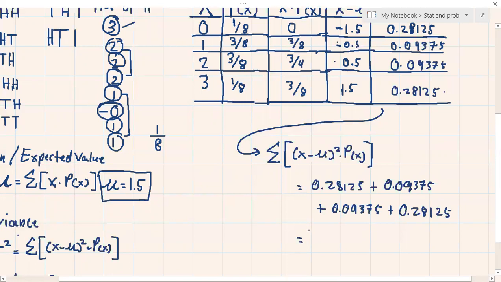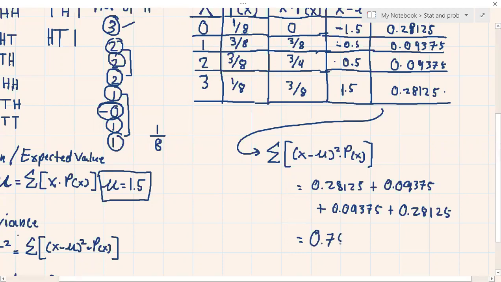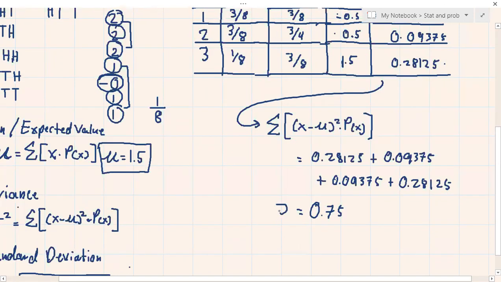So now, let's add them together. So we will have the sum of exactly 0.75. And yan yung magiging variance mo. Your variance is 0.75.